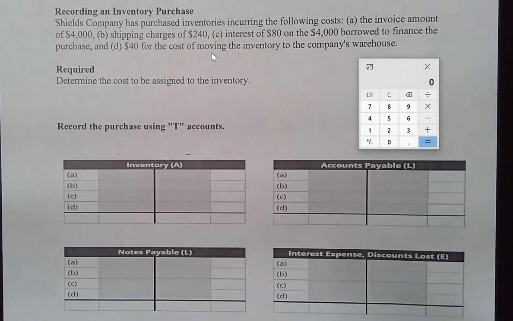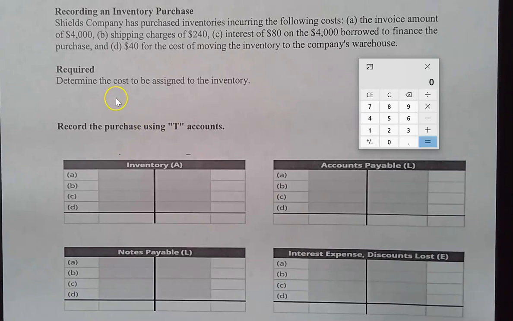All right. So we're going to look at each of these, and then they want to know the total, determine the total cost of the inventory, and then they want to record all of these items using T accounts. Very good. So let's see here now.